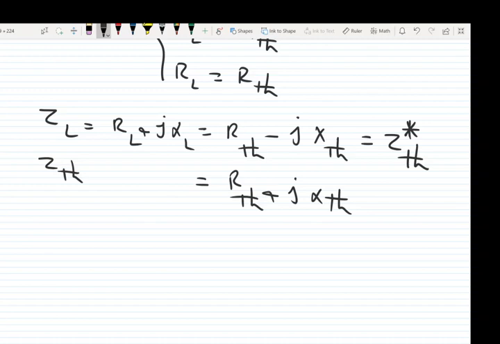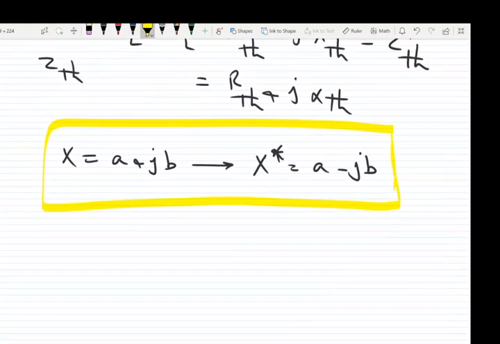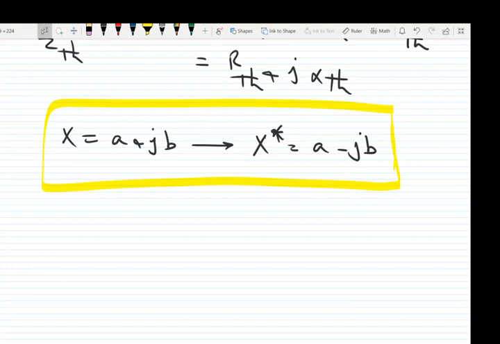Let me say if we have X equal to A plus jB, X conjugate is A minus jB. So the load should be the conjugate of the Thevenin impedance in order to have the maximum power transfer.